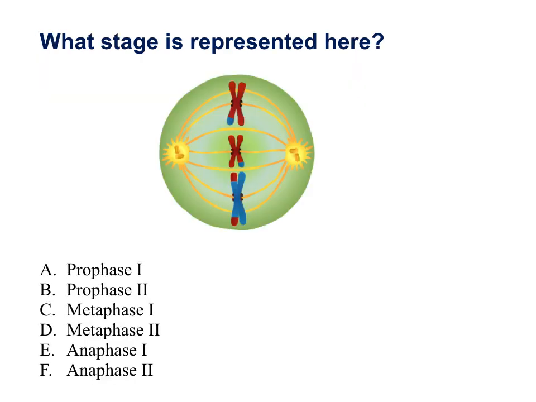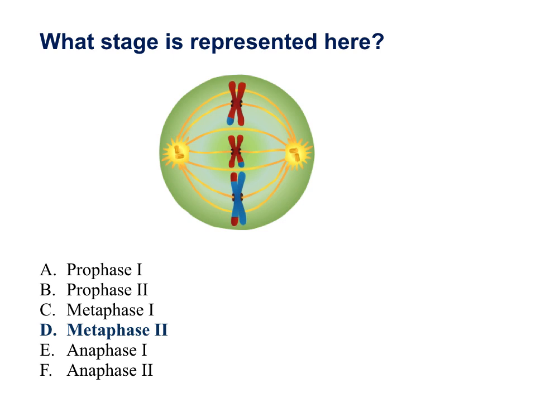Okay, which stage is represented in this picture? Prophase 1 or 2, metaphase 1 or 2, and anaphase 1 or 2. Well, I hope you at least recognize that it is a metaphase. And it isn't metaphase 1 where we would see the homologous chromosome pairs being aligned between spindle poles.